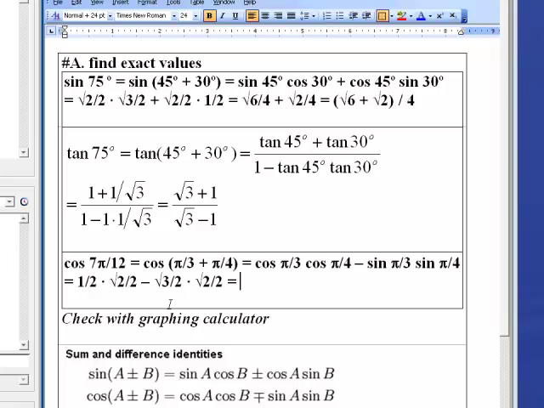Equals, well, it's going to be the square root of 2 over 4 minus square root of 6 over 4.